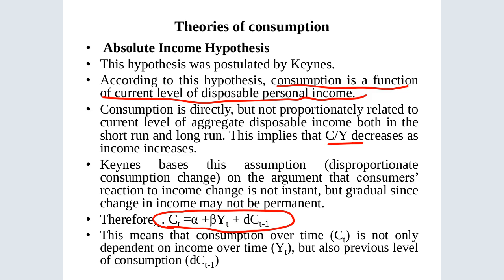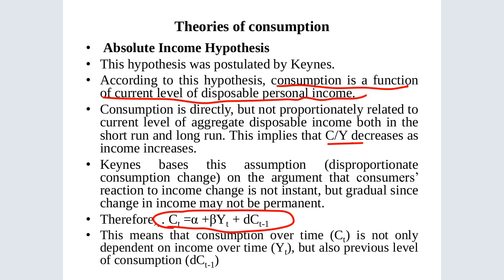We have the second part, which is the consumption that depends on your level of income. And then the last part is the previous level of consumption, that is, the previous level of consumption also influences the current level of consumption. C T minus 1 simply refers to the previous level of consumption.